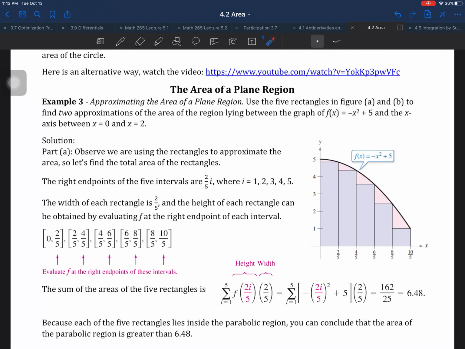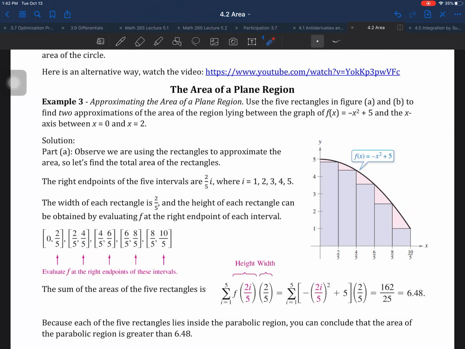And our goal is to only find the area between x equals 0, which is right here, all the way to x equals 2. So we're bounded to just find the area between those two, right? For now, let's limit ourselves to this so that we can come up with some nice result, and then we'll generalize it later.